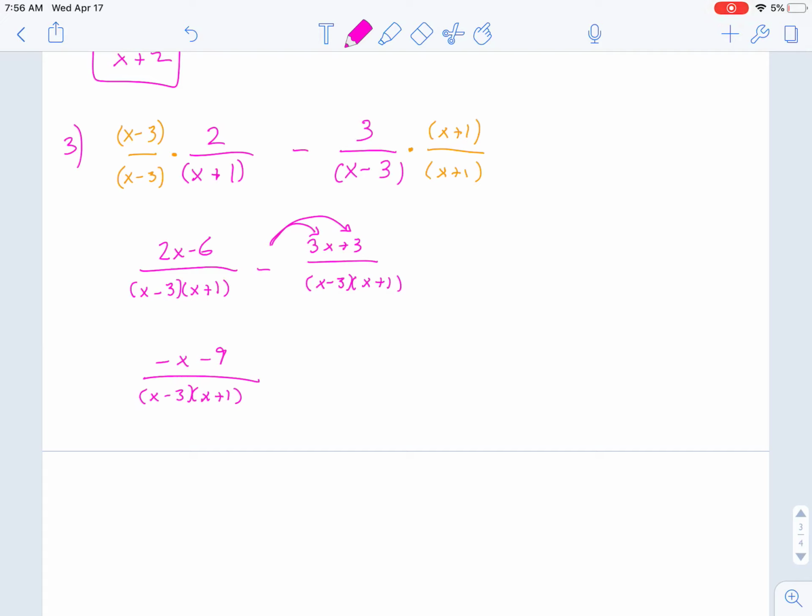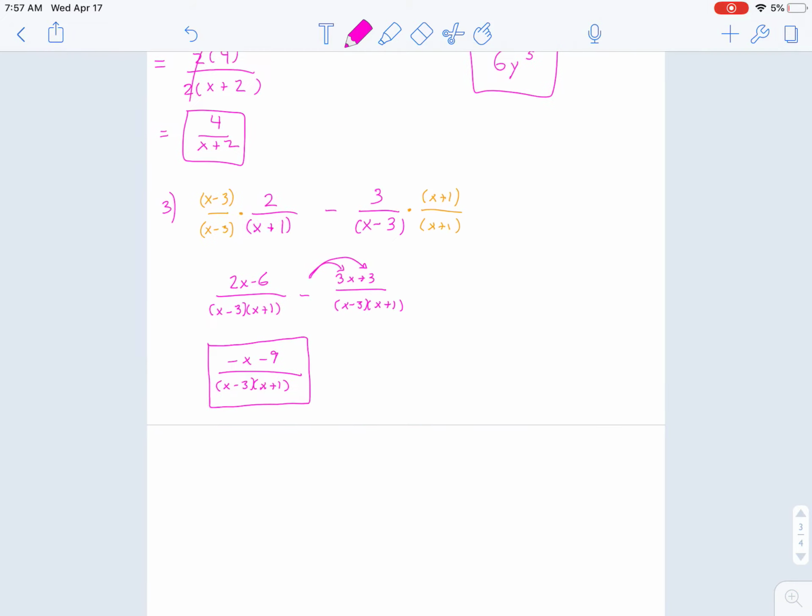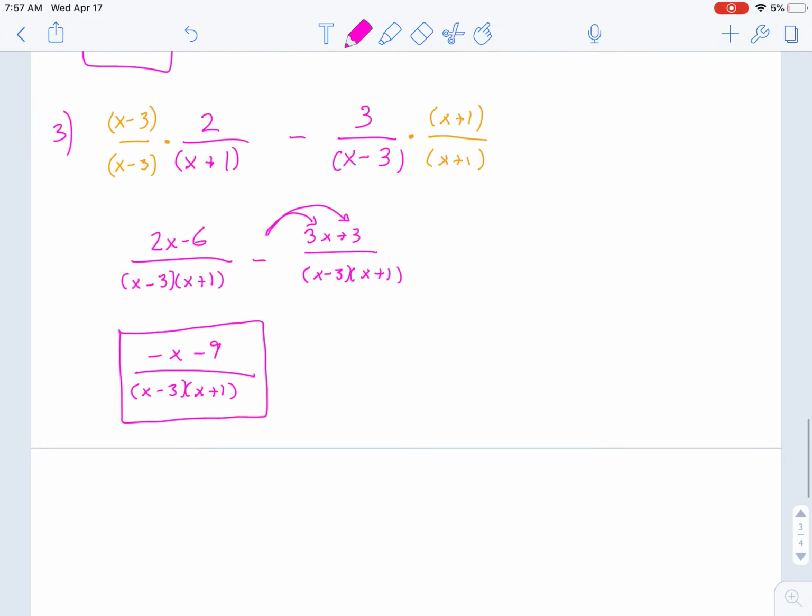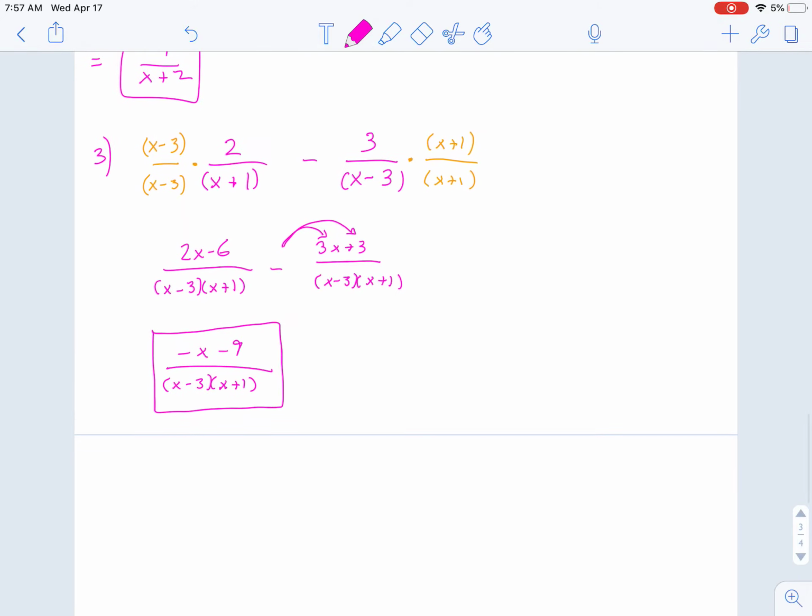And if we could get a factor of x minus 3 or x plus 1 in the numerator, then we could simplify. But -x minus 9, the only factor it has is -1 and x plus 9. So nothing will cancel. You'll see a homework problem very similar to this in homework, I think 7.2 it is. Last one.